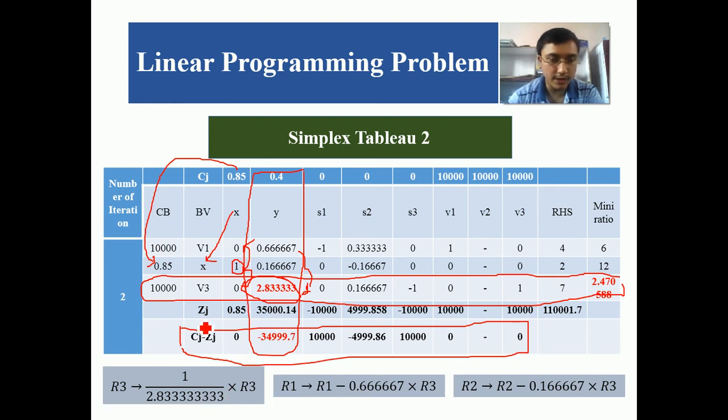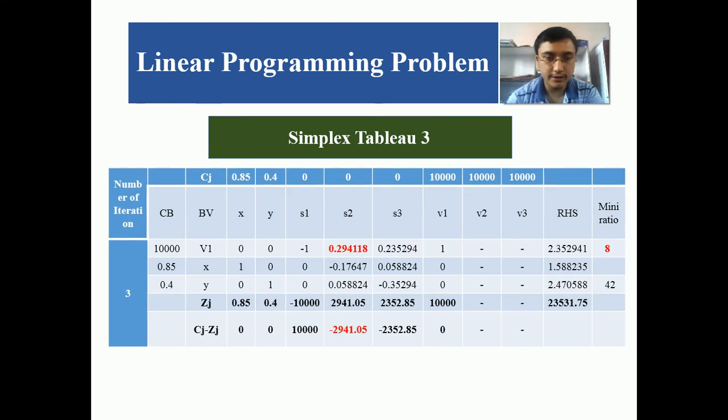R3 लाई whole row लाई हामीले 1 by 2.833 ले divide गर्छौं वा into multiply गर्छौं. R1 tends to R1 minus 0.6667 into R3 and R2 tends to R2 minus 0.16667 into R3. By applying these row operations, we will solve the problem.